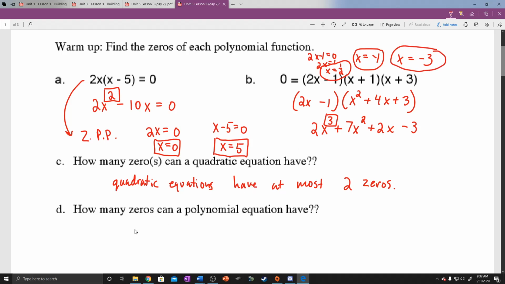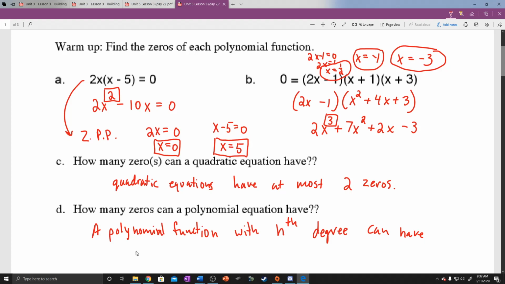And that's the big idea, is that a polynomial function with nth degree, that means the degree is n, can have at most n zeros.